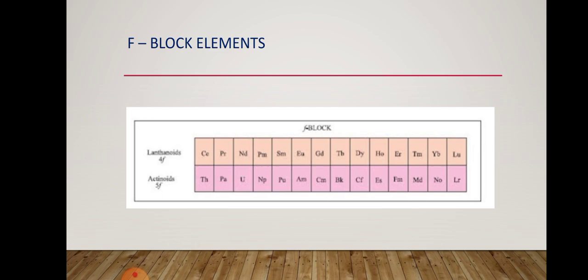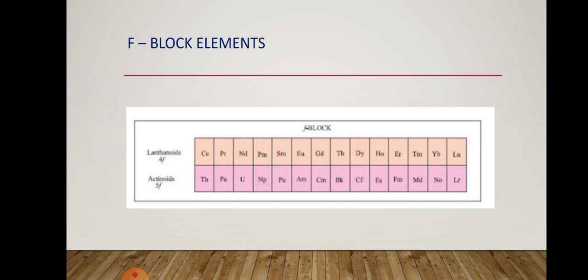They are the lanthanide series, which starts from cerium and ends at lutetium, and the actinide series, which starts from thorium and ends at lawrencium. The lanthanides and actinides together are called inner transition elements. That means f block elements are also known as inner transition elements.